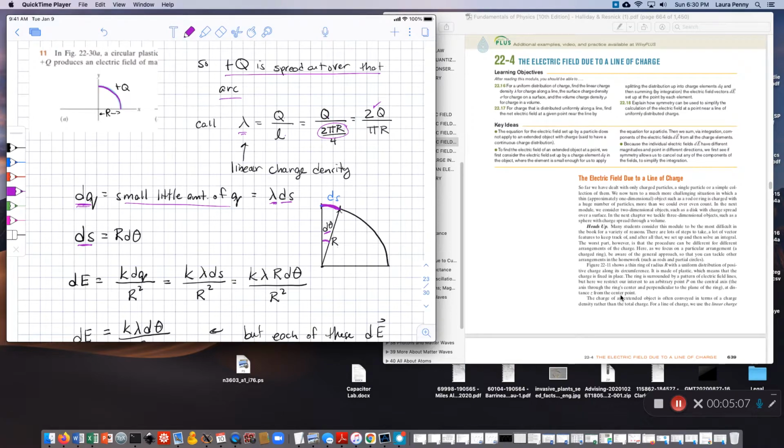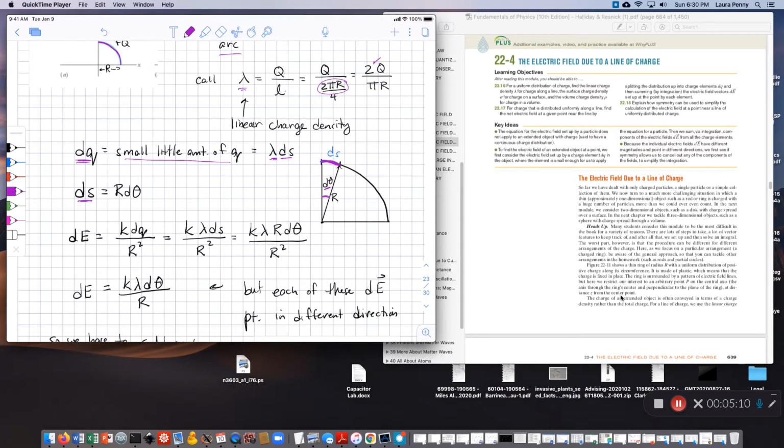So stick with me. If E itself is kq over r squared, then dE should be k dq over R squared, since this is capital R away. dq is lambda ds, so I have k lambda ds over R squared, and then ds is R d theta.